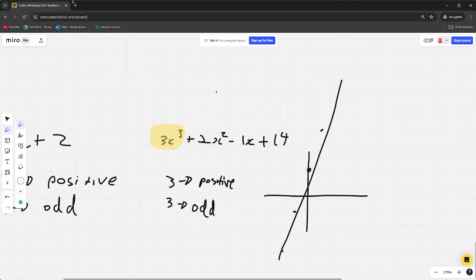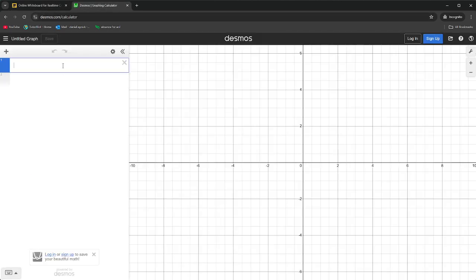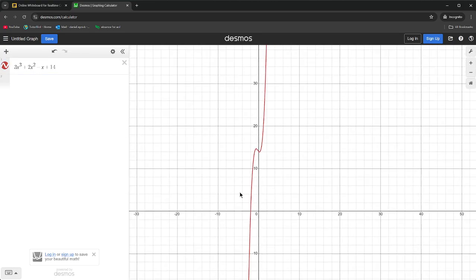Well, if we go into Desmos and graph this one out, I want you guys to see this one: 3x cubed plus 2x squared minus x plus 14. Let's look at the end behavior of a function like this.